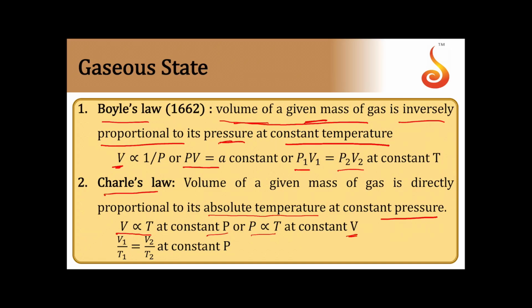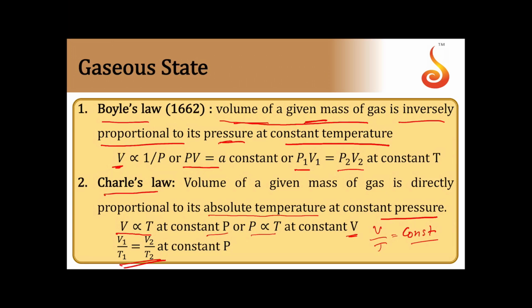When V is proportional to T, V by T remains constant. And therefore V1 by T1 is equal to V2 by T2 can be used while doing numericals.